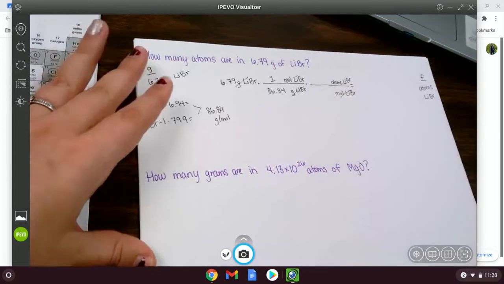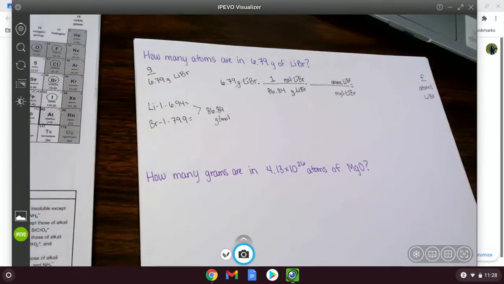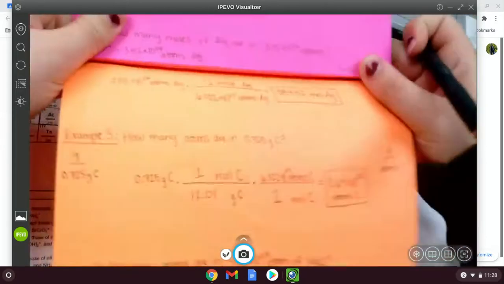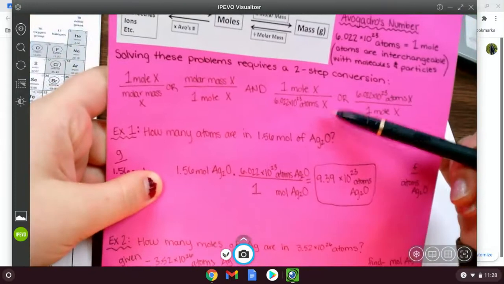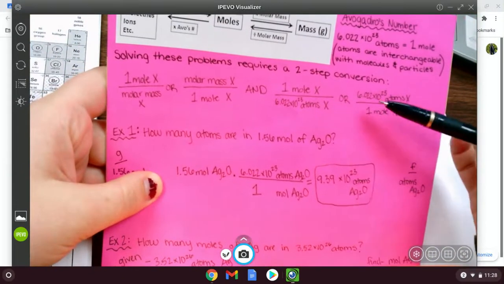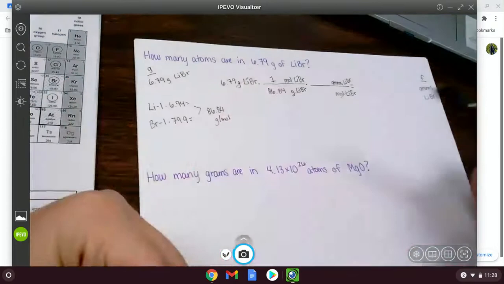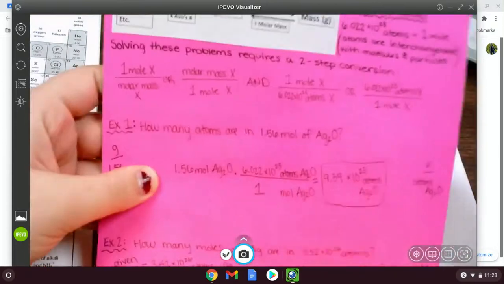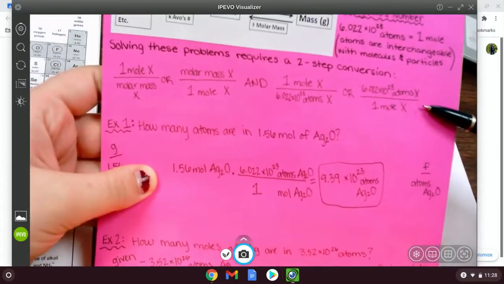Now we just need to plug in some numbers. So again, looking at our conversion factors. Here we go. We're going to use one of these. For the example we have moles on the bottom, atoms on the top. So we're going to use this one.